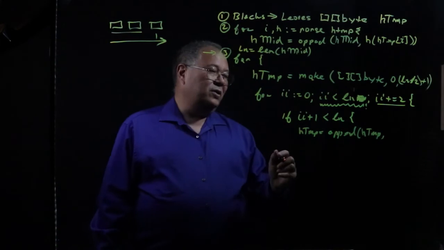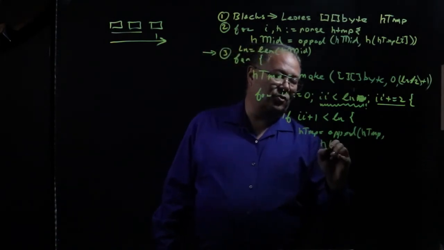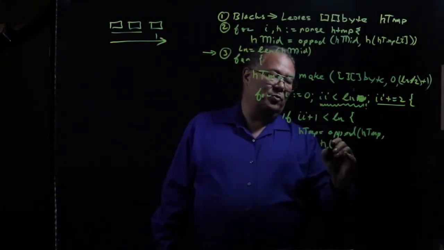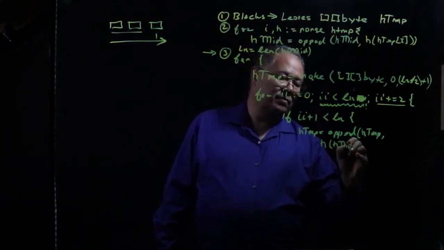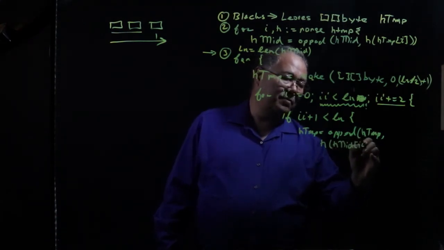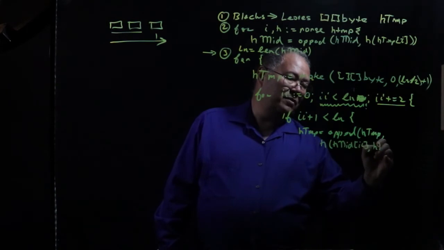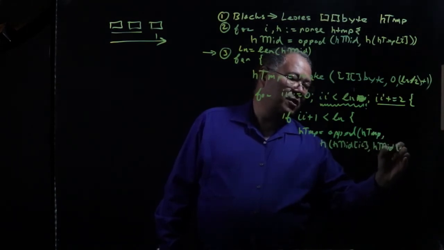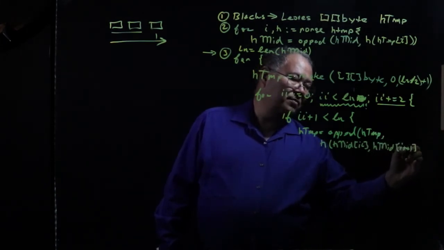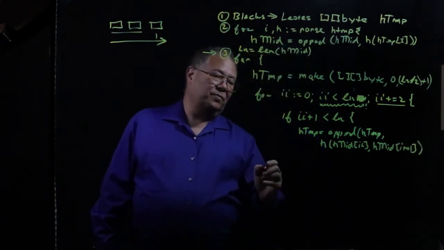And what we want to append to it is the hash of two things, which is h mid sub i and h mid sub i plus 1, because we've got two things to do.